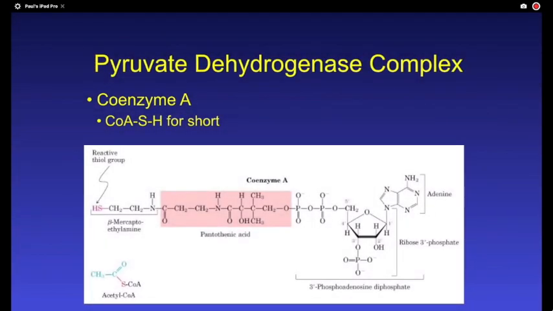The last is coenzyme A. We use CoA, or CoA-SH. Here's an example of how we write it a lot of times. This has an acetyl group attached to a CoA. That looks really tiny, but this is CoA. There is the SH. Here's an organic linker, and then, oh wait a minute, what is this? Adenine, and a ribose, and a phosphate.